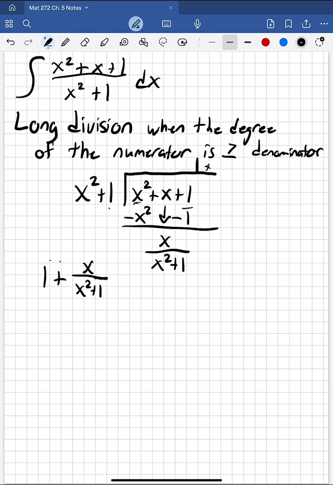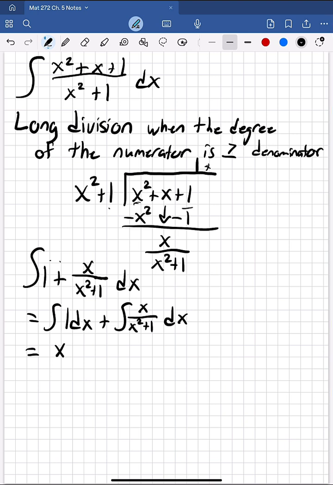Okay, so I'm going to take the integral of this with respect to x. All right. Well, according to the fundamental theorem of calculus, I can do the integral of this and this separately. Okay. Well, the integral of 1 is easy because it's just x. Okay.